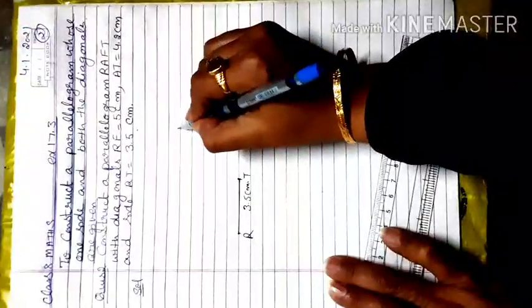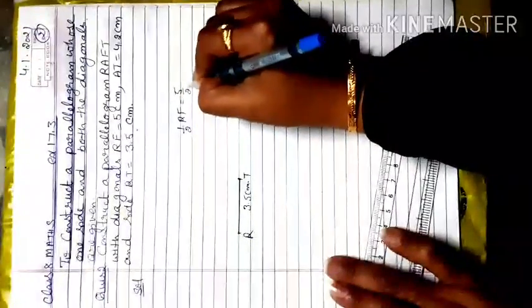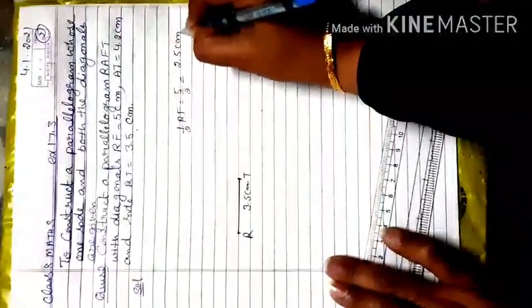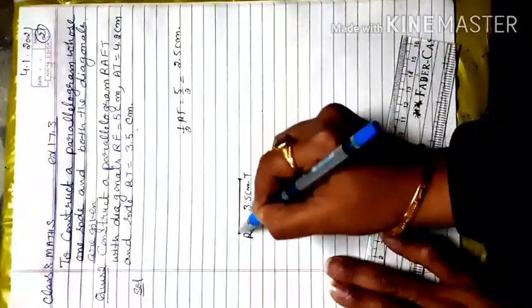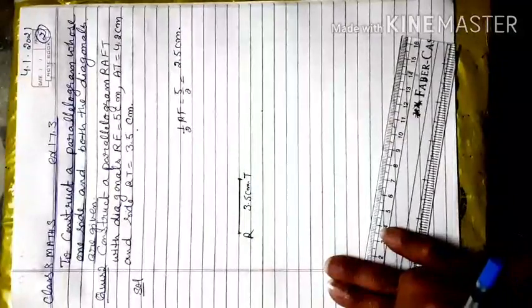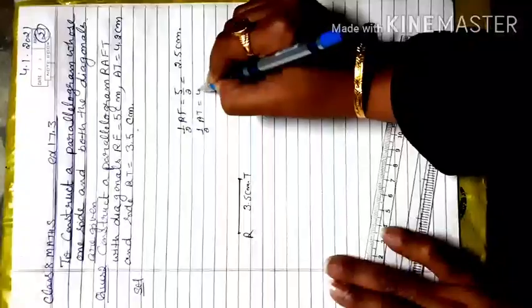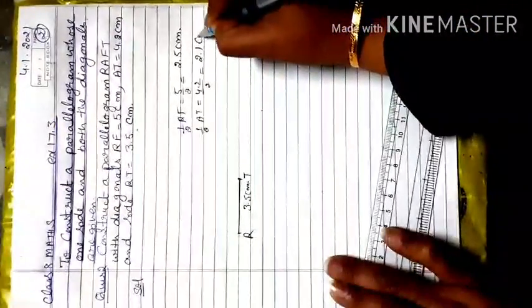That means half of RF is equal to 5 by 2, which is 2.5 centimeter. First, you have to draw half of the diagonal here to make a triangle. Then half of the second diagonal, 4.2 by 2, is 2.1 centimeter.